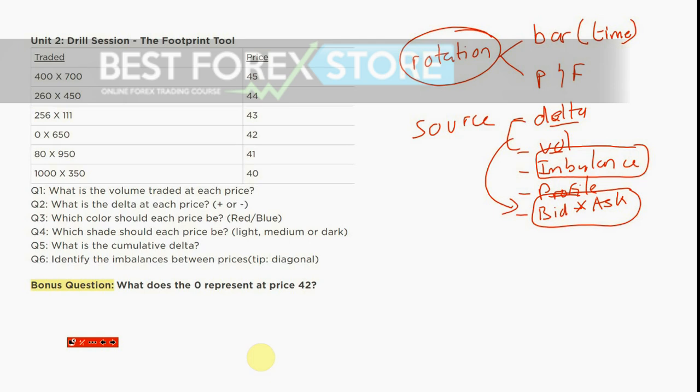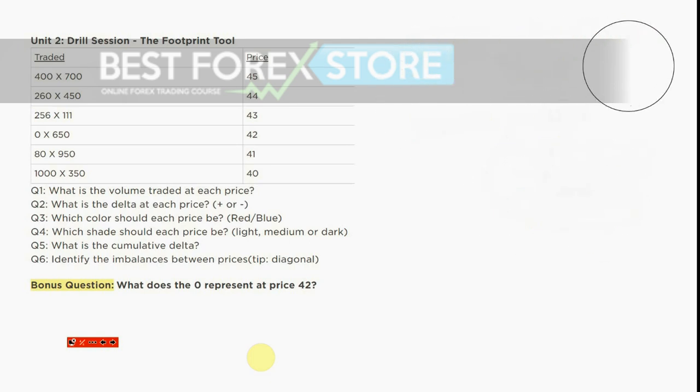Okay, so that's what we dealt with in Unit 2. You should now have your chart set up. Everything should look relatively easy to utilize, and you should be able to move between the different markets quite easily. Last but not least, I really want to ensure that you can not just utilize the tool, but also that you understand the intricacy behind the tool. That's what this drill is all about.